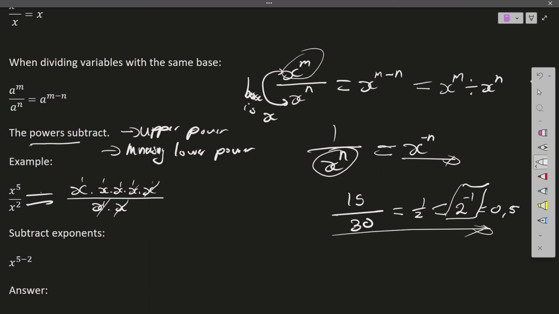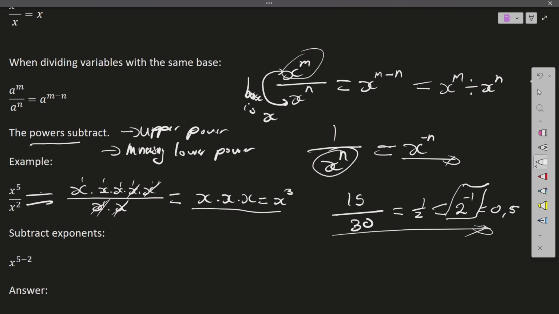You see how many we cancelled on the top and how many we cancelled on the bottom. We cancelled the 2 that were on the bottom, and the 2 that were on the top. So that would give us x times x times x. You see how many x's are left here? You have 3 x's, so it is x to the power of 3, right?